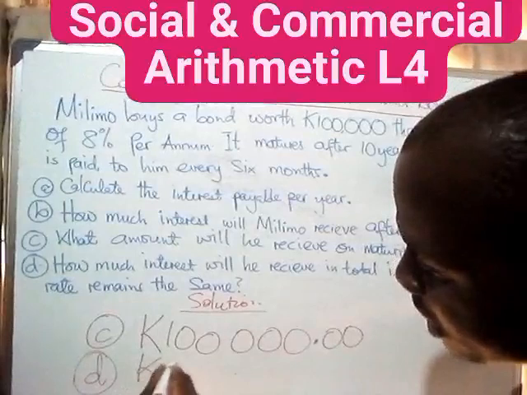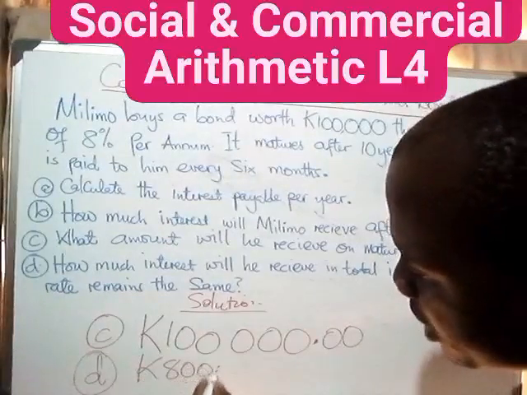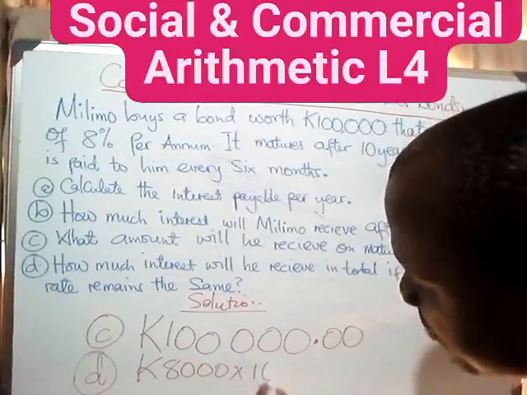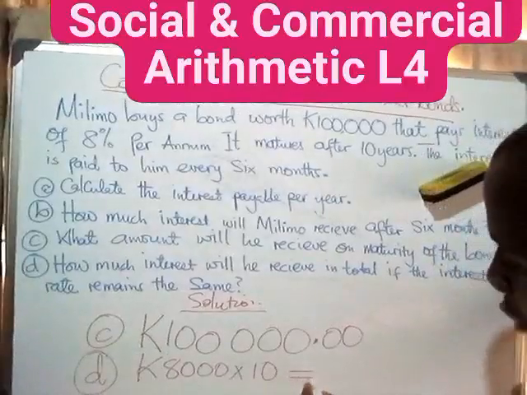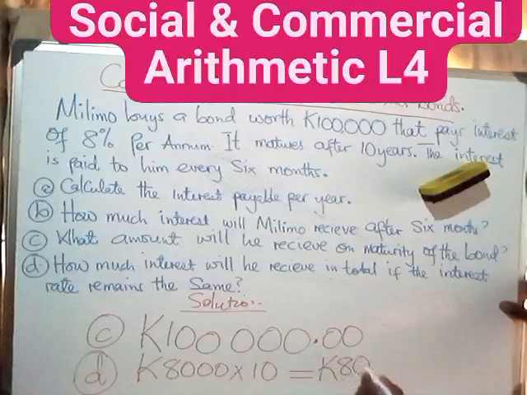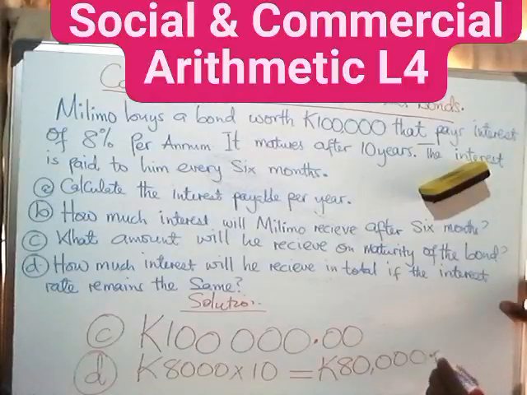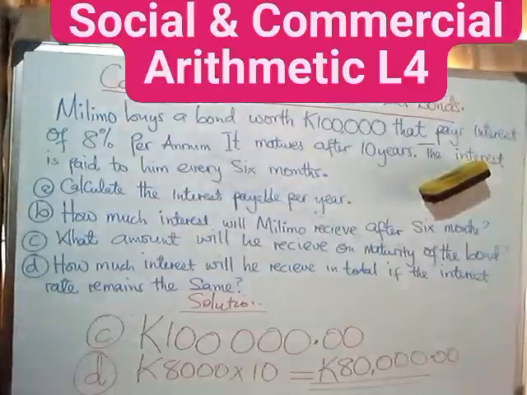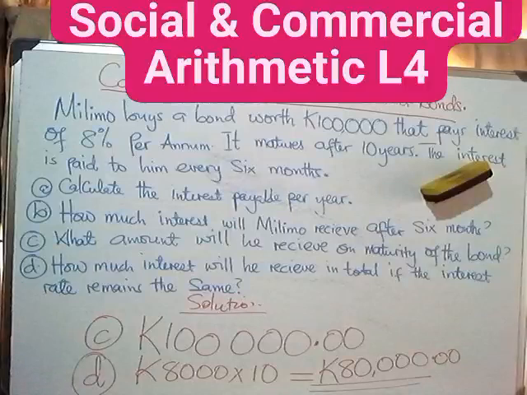So the interest is 8,000, multiplied by the number of years. Meaning this person is getting interest of 80,000 in 10 years, for the maturity of this bond.